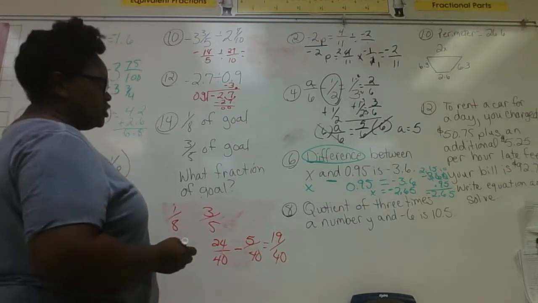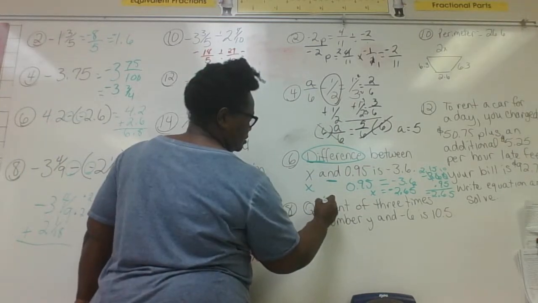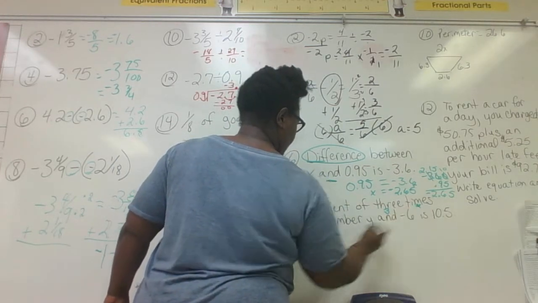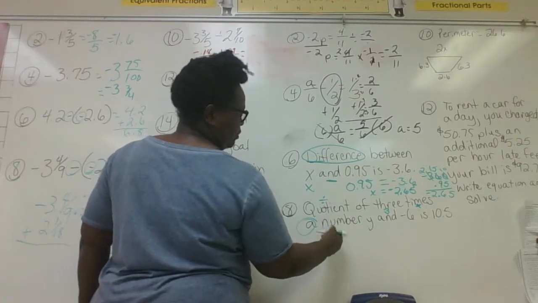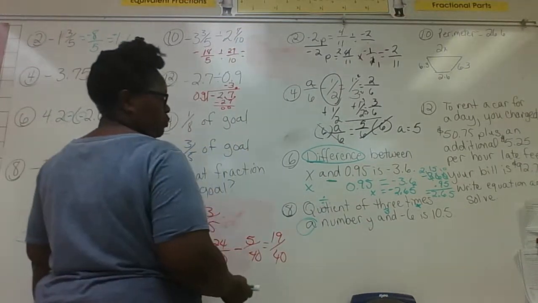Okay. Next, we have a quotient. Quotient meaning division of 3. A quotient of 3 times, multiplication, a number, y is our number, and negative 6 is 10.5.